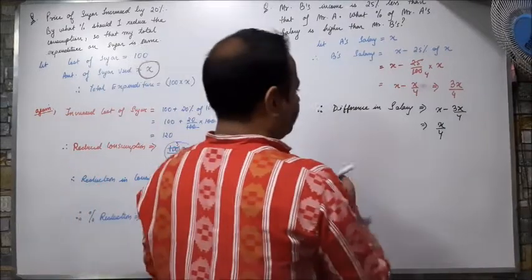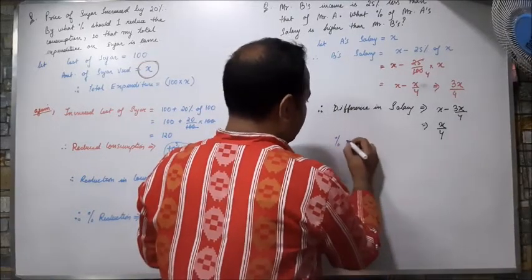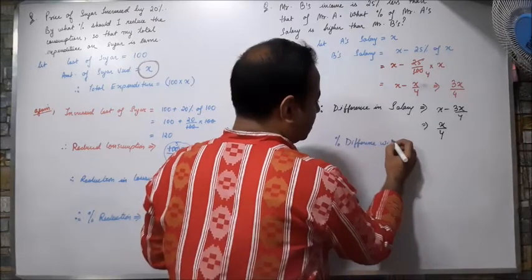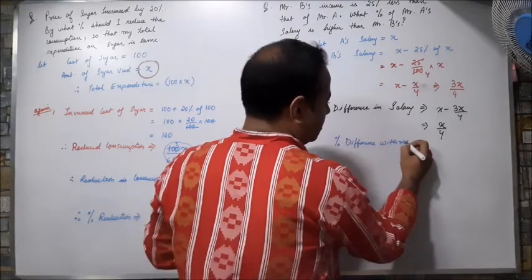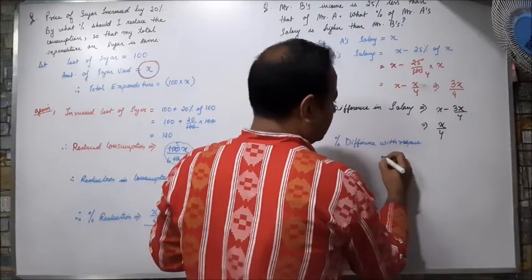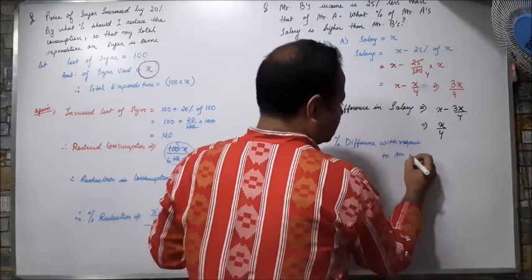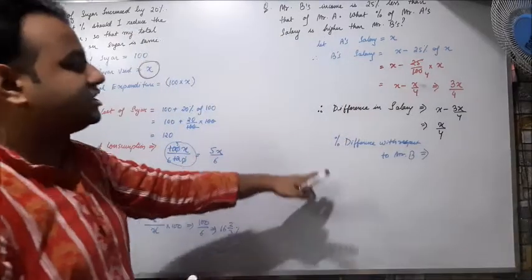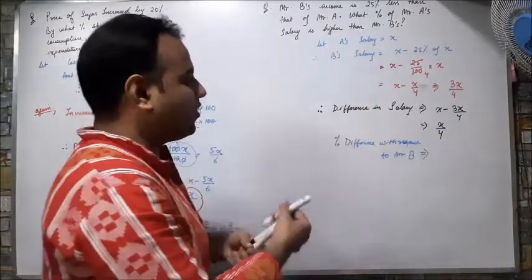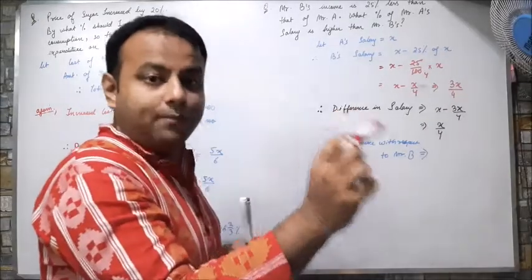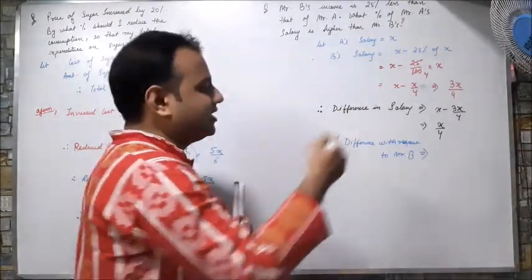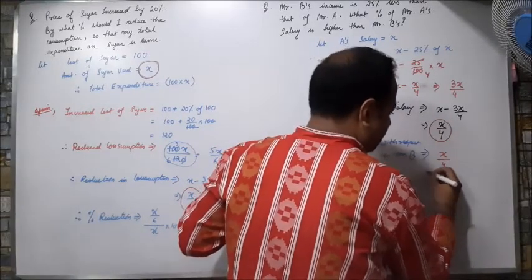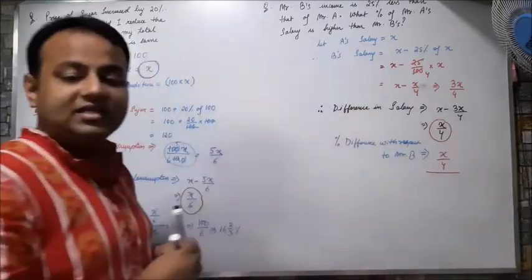The percentage difference with respect to Mr. B, you have been asked. So what I will write? Value by total into 100. The difference in salary is the value, x by 4, by what is the total value?